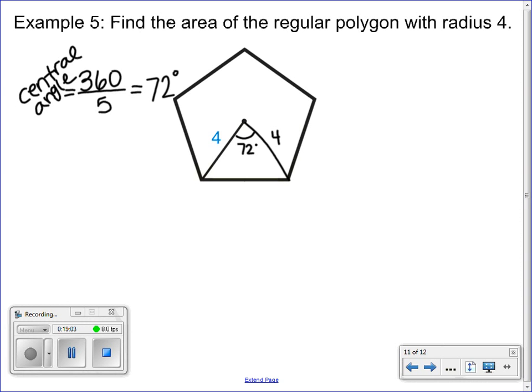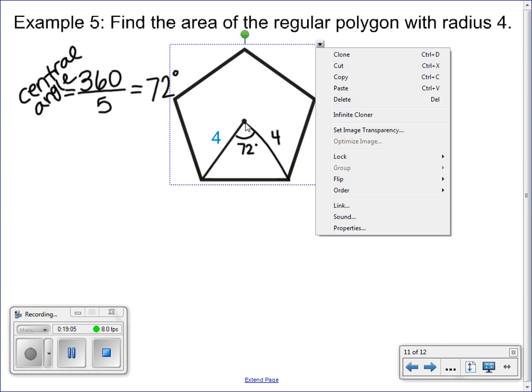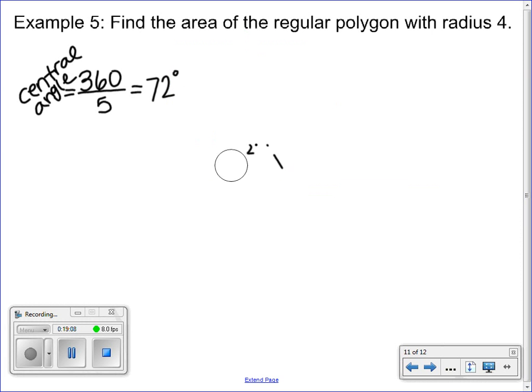So now I'm going to go ahead and do away with the pentagon and just draw the triangle. I'm going to go ahead and add in the apothem, which we know forms a 90. Remember, my apothem cuts that triangle in half. So where my central angle was 72, if I take half of 72, each side is going to be 36 degrees.